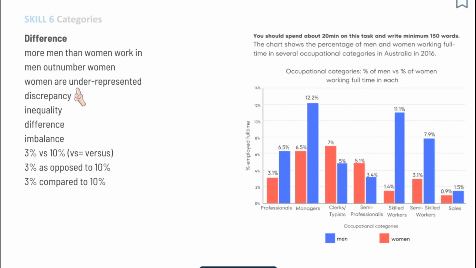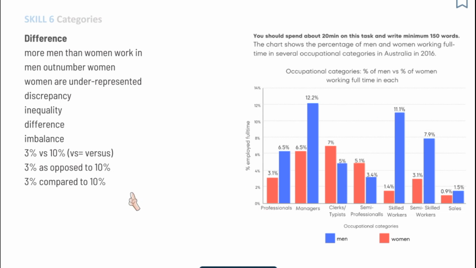Women are underrepresented. It sounds really sophisticated to my taste. Another term for the word difference is discrepancy, inequality, here we go, the difference, and imbalance. They all are synonyms, so you can use them in similar situations.